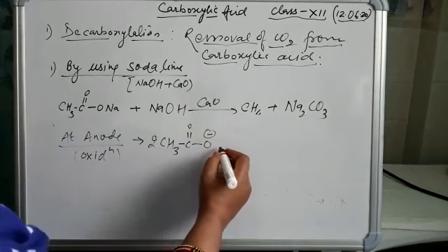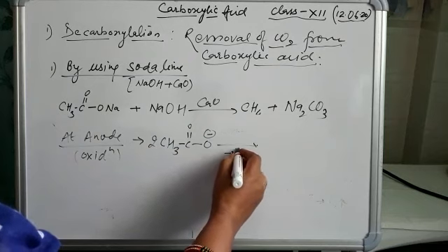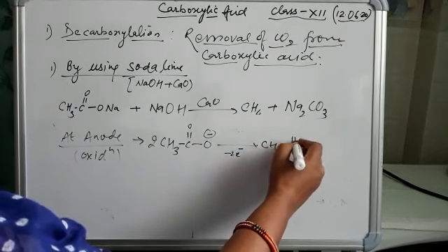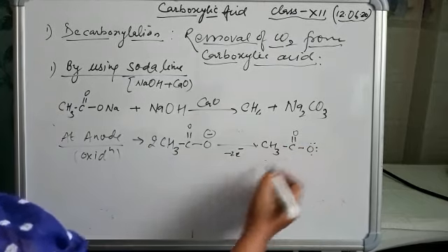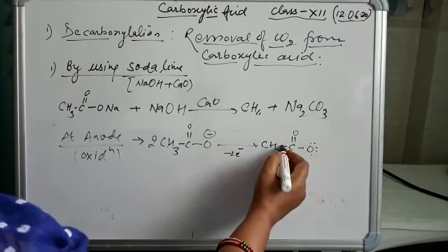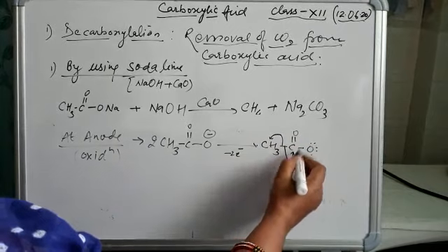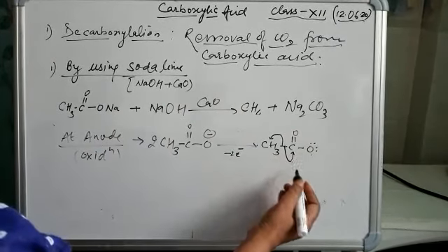This species at first loses the electron and is converted into this compound where 5 electrons are present on the oxygen. In that condition, this takes its electron and this takes 1 electron, so the homolytic fission takes place.